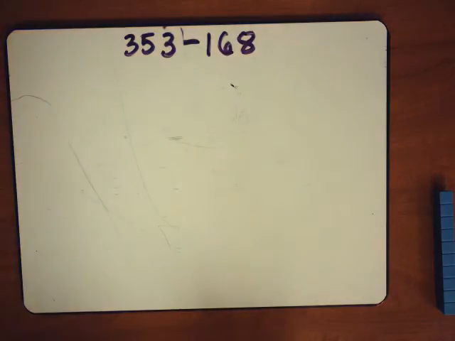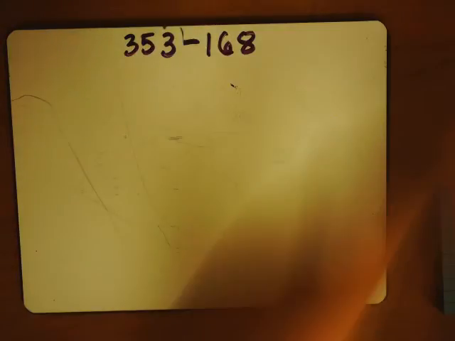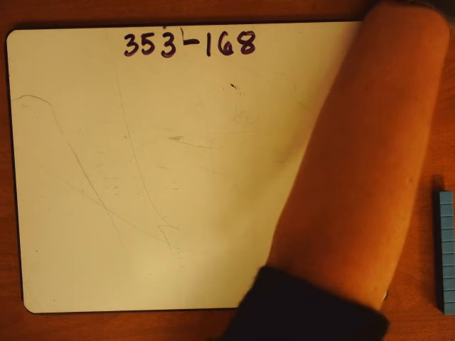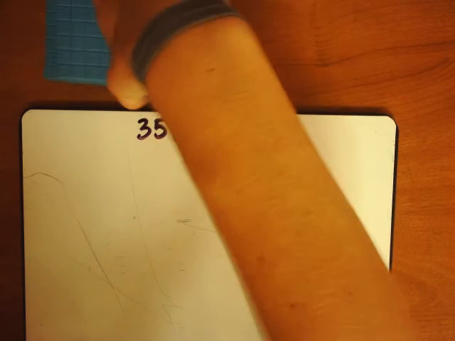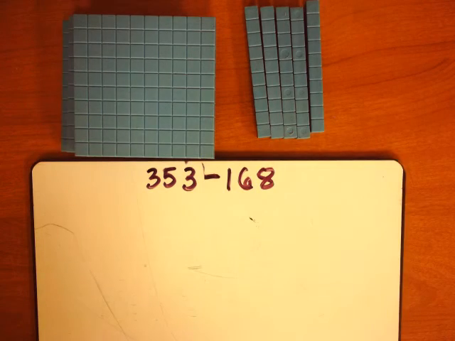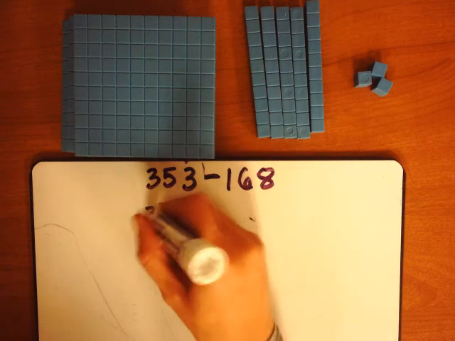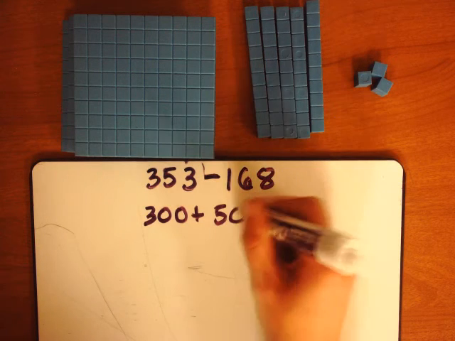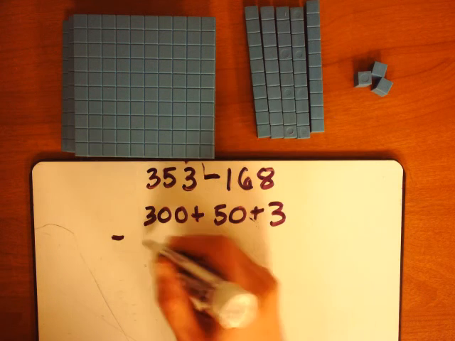So I need to get my place value blocks for this, just to visualize. I've got 100, 200, 300, plus 50. And there's my 3. So go ahead and expand this out. 300 plus 50 plus 3. We're going to be taking away 100 plus 60 plus 8.